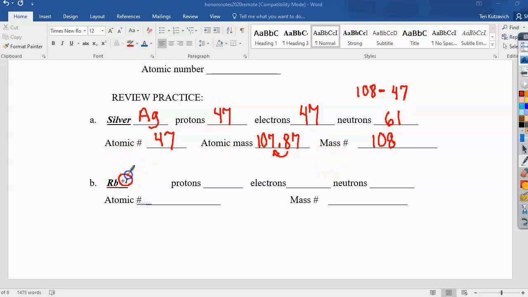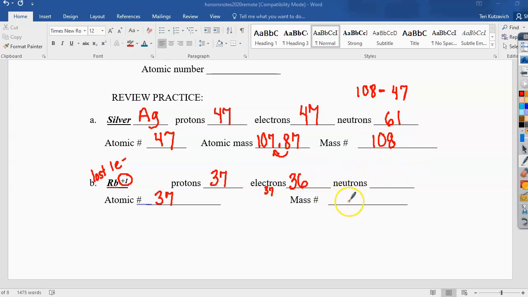Right here, this is a +1. That means that you lost 1 electron. So the atomic number is 37. The protons would be 37. In a neutral atom, you would have 37 electrons, but this is a positive cation. So that means you lost an electron, so you only have 36 electrons.